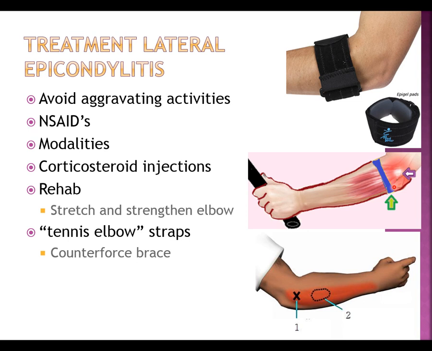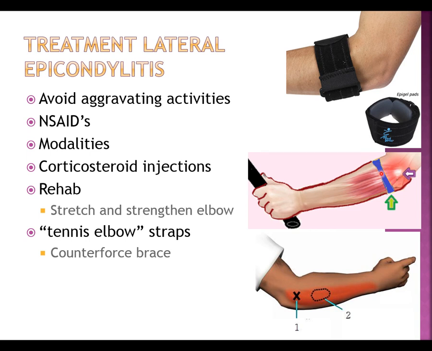The whole point of this counterforce brace is to act as kind of a secondary insertion point. So when the brace isn't on there, and we contract our wrist extensors, all the force is going into this one insertion point. In this case, it's called the origin, whatever. When we contract, all the force is pulling on this part of the bone.